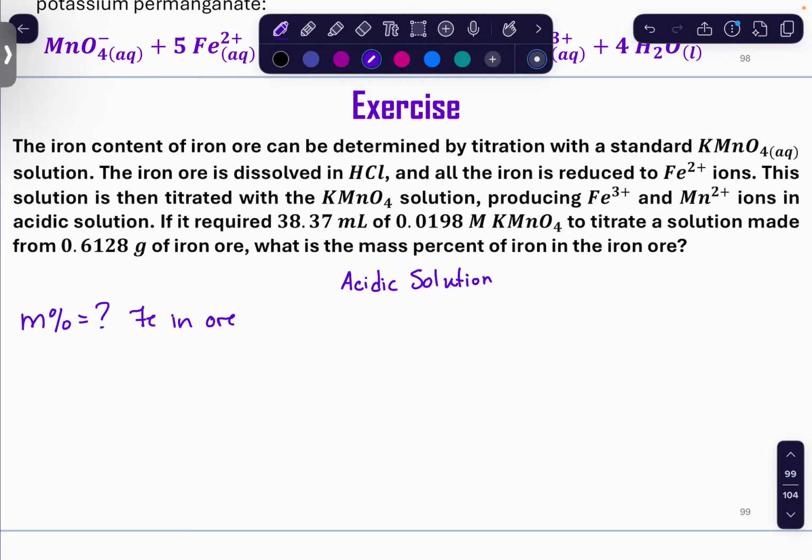Now, we don't necessarily have an equation to start with, but what we're told is that during the process, iron 2 ions will be oxidized to iron 3 ions. And if that's happening and the oxidizer itself is the potassium permanganate, that means that something in the potassium permanganate is going to have to be reduced. So we're going to have a reduction of our permanganate ion. Potassium is just not going to play a role.